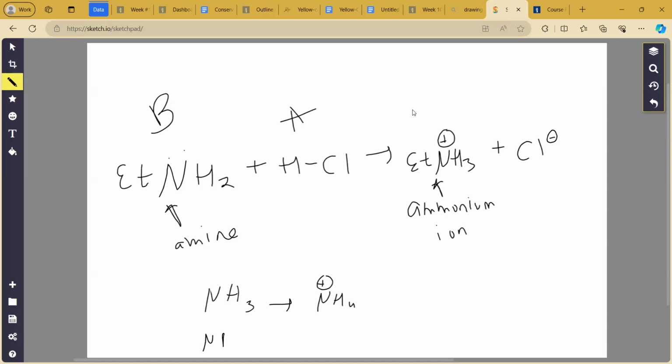Or it could look like this if it has 3 carbons attached to it. Any questions about this one? This is just another acid-base reaction. So it's different from the past one that had an amine, in that this one is just an acid. This is not a carboxylic acid.